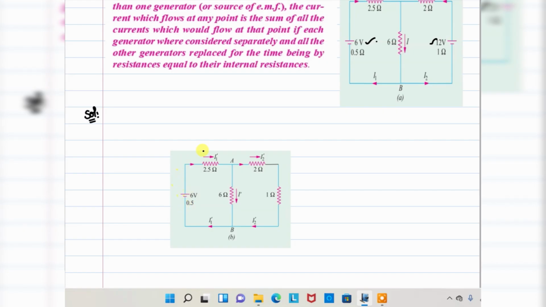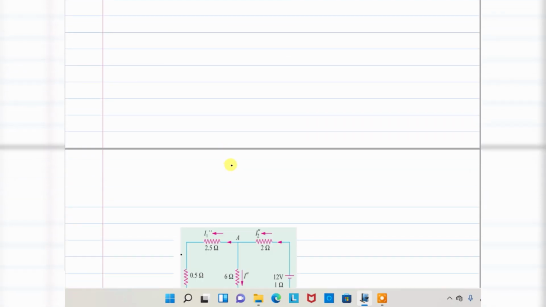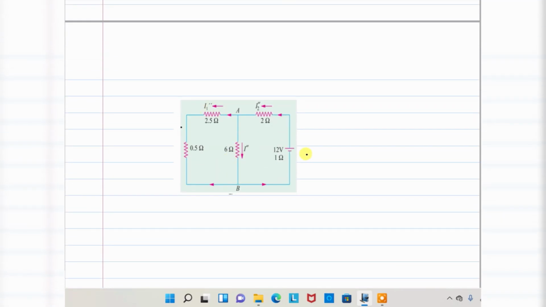Here, one source is replaced by its 1 ohm internal resistance. The response you got in the first case, as well as in the second case, where the second source is acting alone.